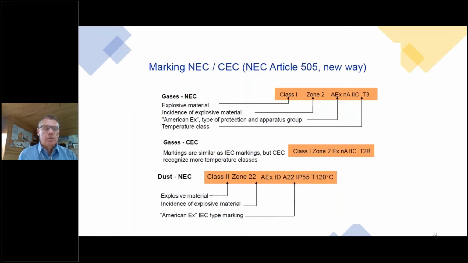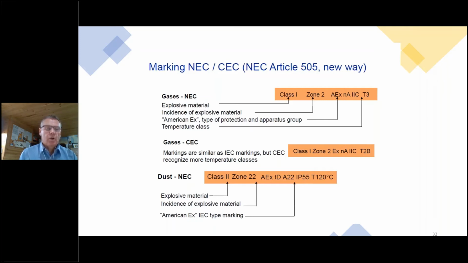Understanding those is very much in the EPC world, and specifying motors, as Canada's moving, or has moved, into a bit of a hybrid model of the European way of designating temperature and gas groups.